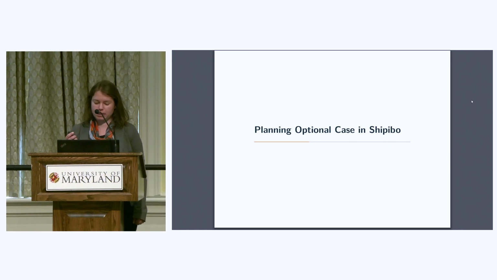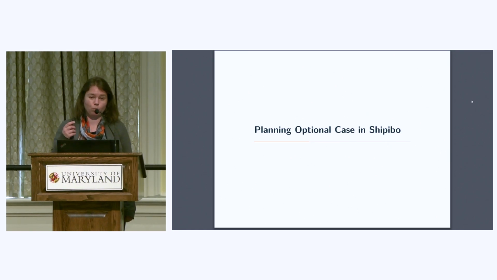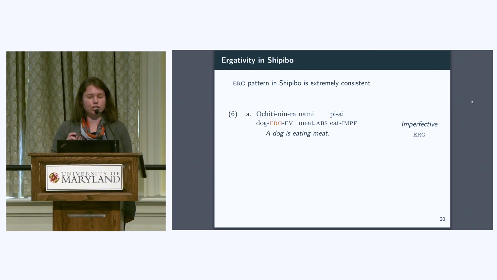So in my last few minutes, I'm going to talk about whether this is the only strategy that speakers can pursue based off of the way that their sentences are case marked. And in order to do that, I'm going to come back to a small lie that I told you earlier. Shipibo ergative marking is, in fact, extremely consistent, but there are just two exceptions. So what I have here is the imperfective, which is a canonical example of the ergative marking.